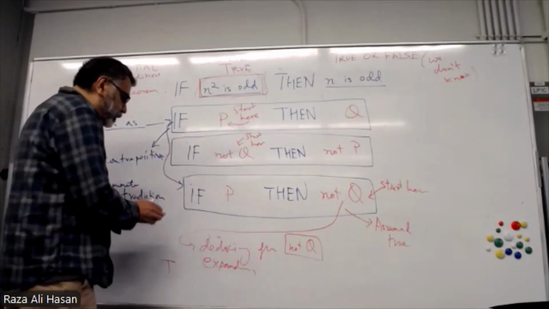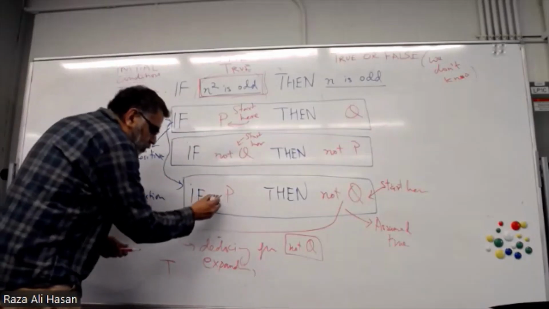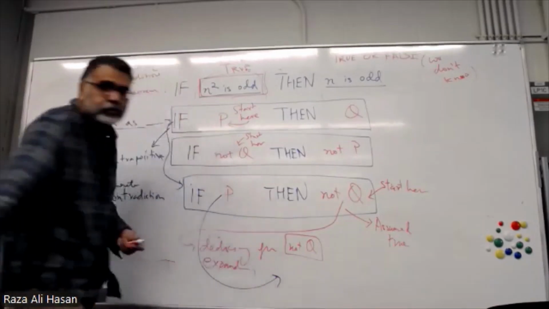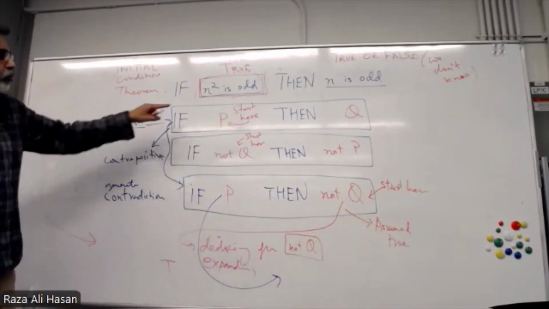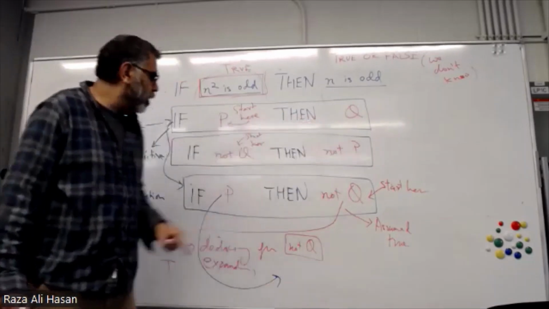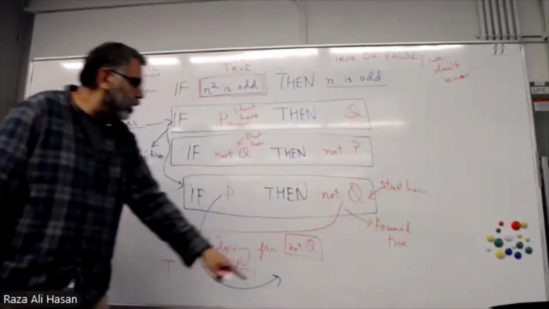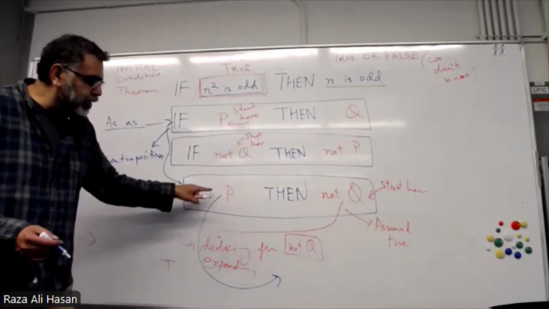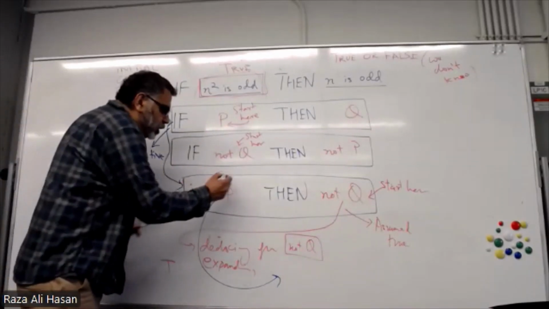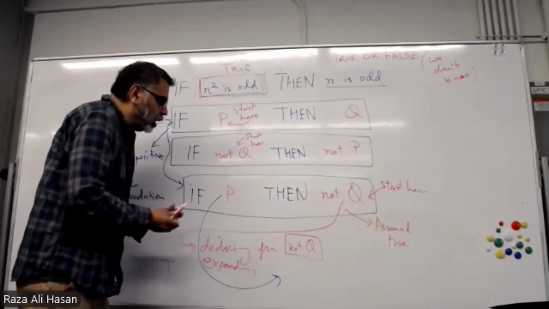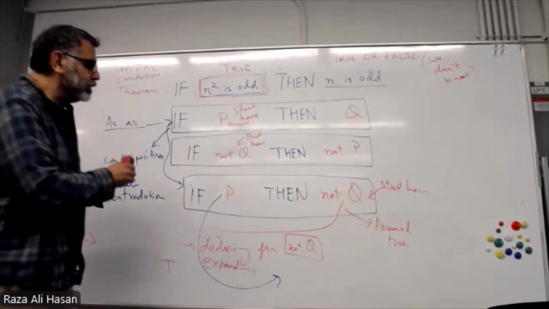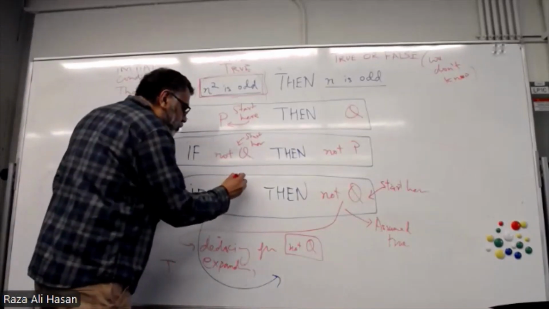So at a certain stage, this will come in. We start here, we get there. We start here, and at a certain stage, we bring this in because this is assumed true. This is also assumed true.